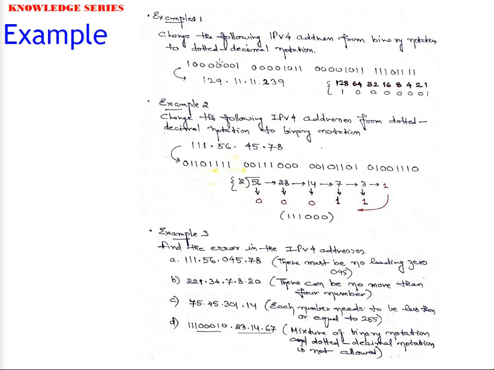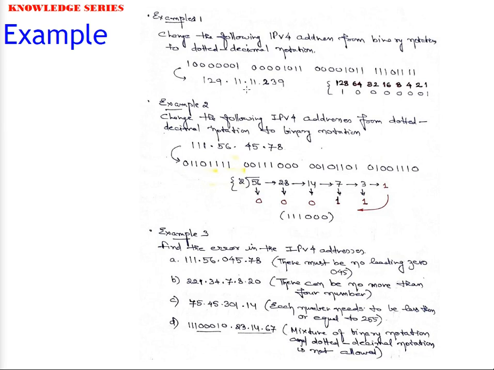In the first example, a binary notation is shown, and you have to convert it to dotted decimal. So it is simple. You put it like this, and whichever bit is one, you add it, and you get the value. That is how you can do it.